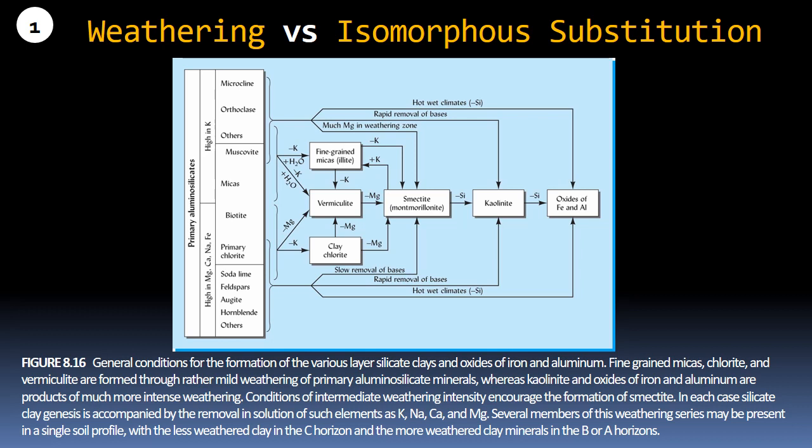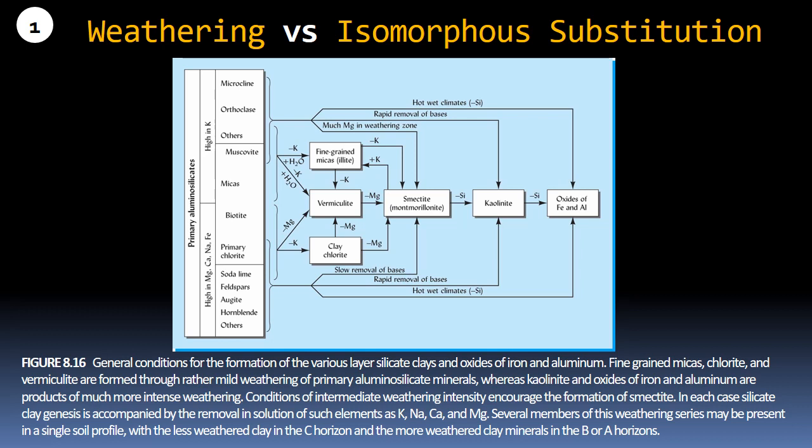If we trace the muscovite here, which is a primary mineral very rich with potassium, as it undergoes weathering, you would see in the arrow that the minus K, the minus sign, means losing. So undergoing this weathering, it will disintegrate in size and also be chemically altered to fine grained mica. And during this alteration, it lost some of its potassium.